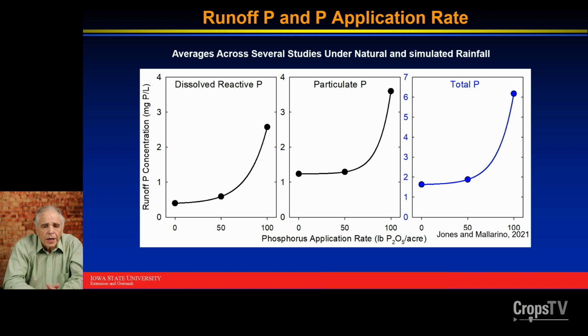But then when we put a higher rate, 100 pounds is about double the annual maintenance rate, and it's commonly used by people that apply phosphorus only once for the corn-soybean rotation for maintenance. That's about 100, 120 pounds. So there is an increase. And then we see clearly that as the rate increases, the proportion of dissolved P increases.